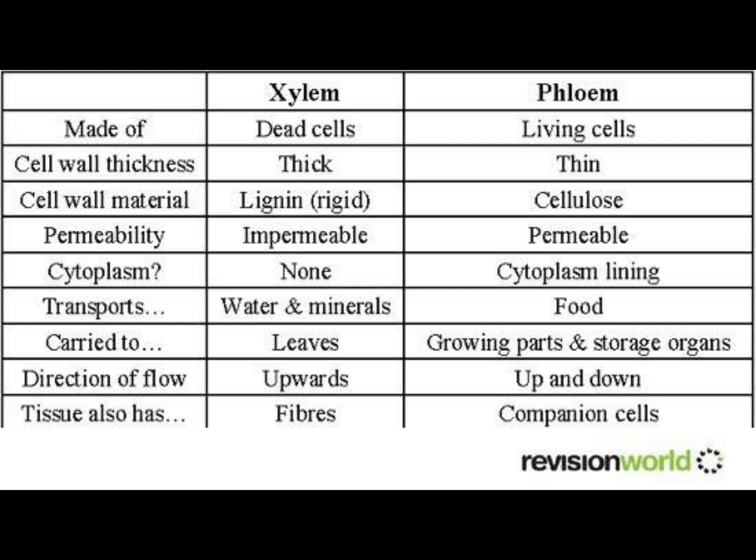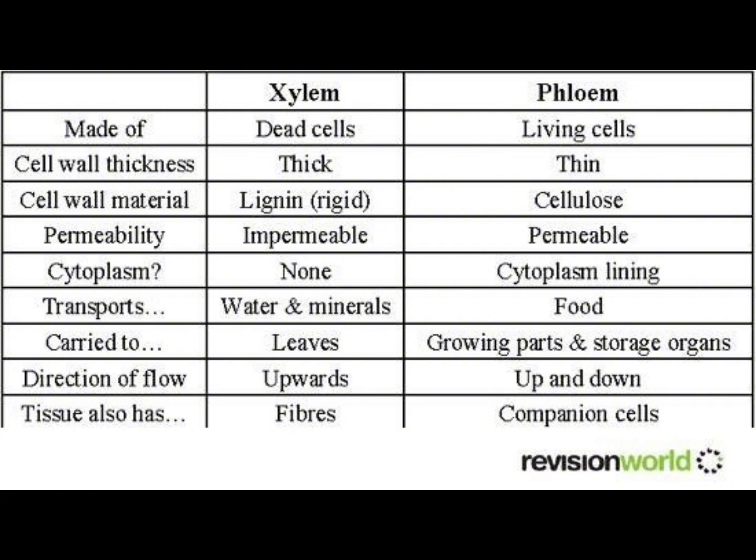When it comes to xylem, water and minerals are carried to the leaves, and when it comes to phloem, food is carried to growing parts and storage organs, which are also known as sinks. And then the direction of flow: in xylem, minerals and water flow upwards from the roots to the leaves, but for phloem, it is both up and down.